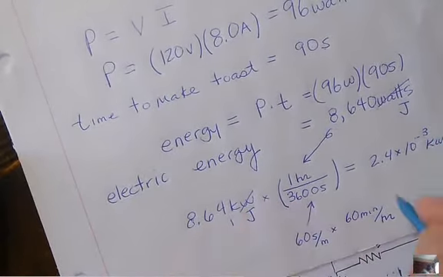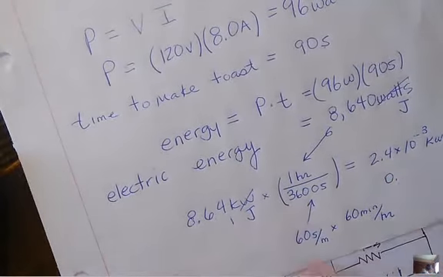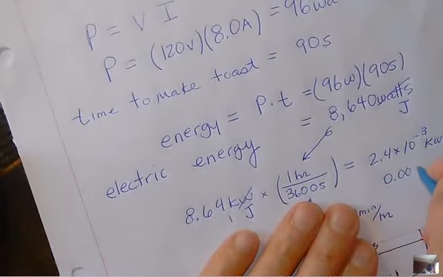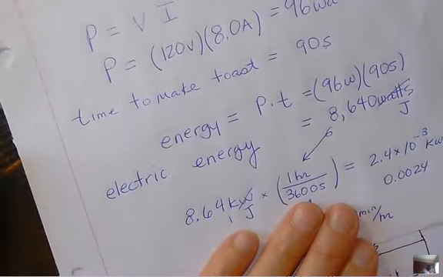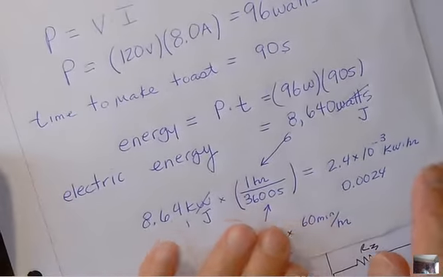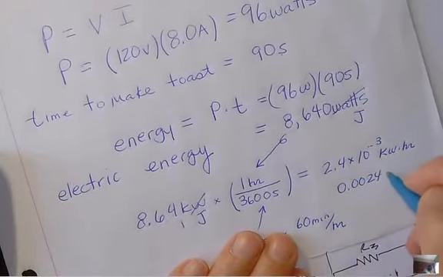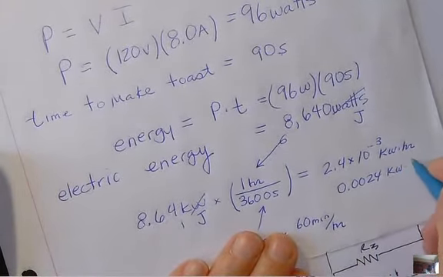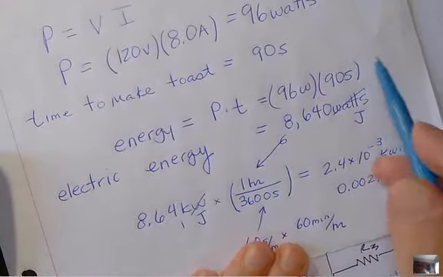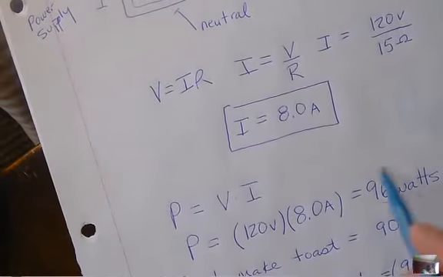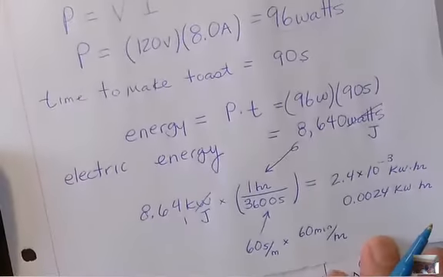Okay. And if you wanted to see that as a number, I would just need 2 decimal places. Okay. So this is going to be way less than a penny to make a piece of toast. Okay. That's how many kilowatt hours you would use. Again, the toaster uses a lot of energy, but for a very short period of time.